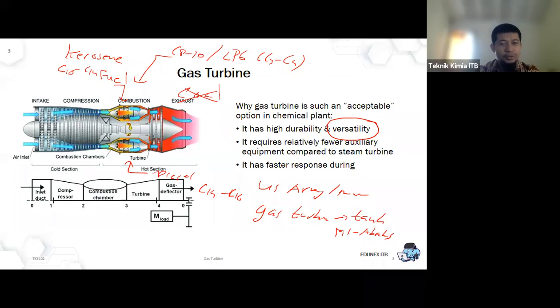So you can imagine the versatility of gas turbine. When I read from a magazine, they said that this tank can change the fuel as it wishes, from day to day. Maybe today the diesel fuel is empty, they just need to drain the diesel fuel and change to gasoline. Suppose their gasoline is empty, because it's a war.